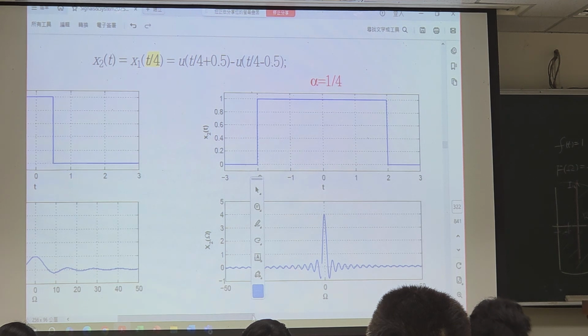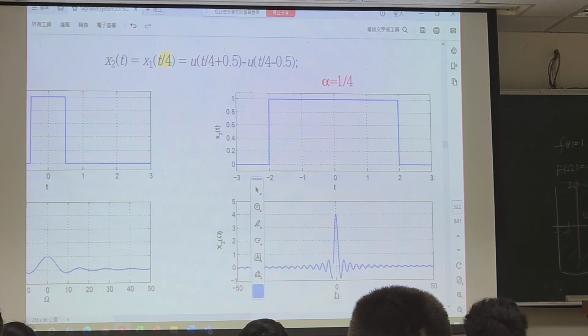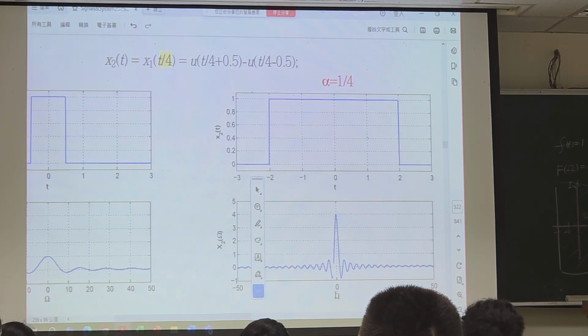Then you can see that the corresponding Fourier transform becomes much more concentrated at zero, becomes compressed. You stretch the function in the time domain, then you compress the Fourier transform in the frequency domain. That's for alpha equals 1/4.